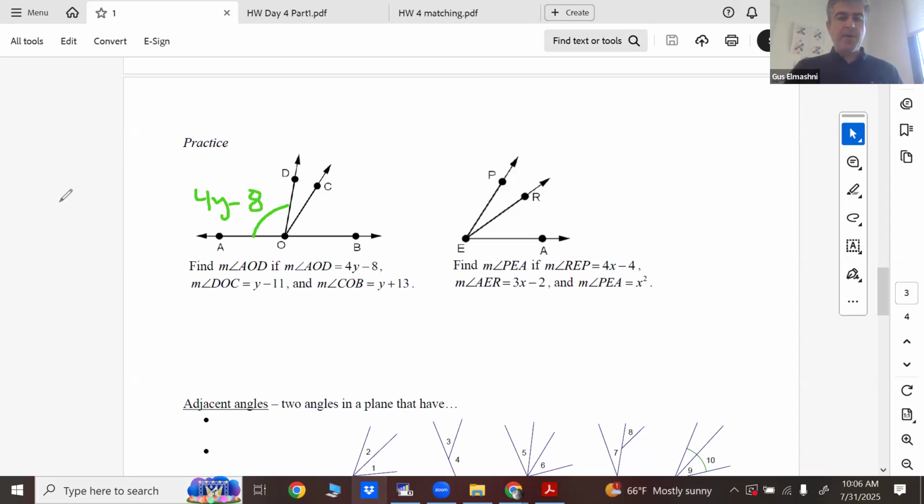DOC, let's use a different color. I'm gonna sneak that in there. Kind of looks like a brown face. You guys see that? The two eyes? I didn't mean to do that. It just happened. Okay, DOC is y minus 11. And COB, let's use some more vibrant colors, that would be y plus 13.